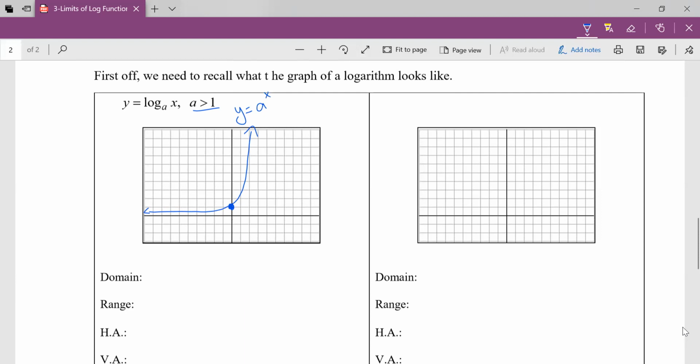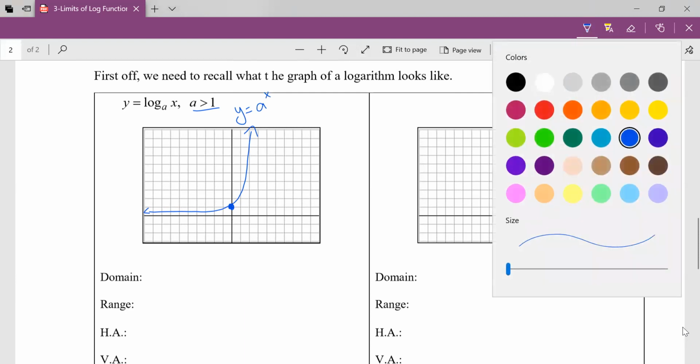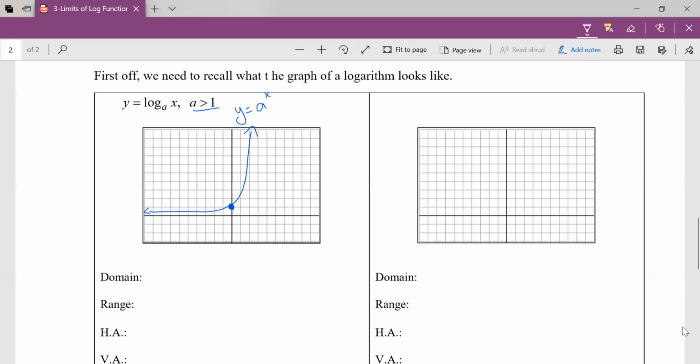The reason I'm drawing that is because if I know the graph of an exponential, I know the graph of a logarithm. Because they're inverses of each other, which means they're undoing each other, which means we're switching x and y. So the y-intercept at 1 becomes an x-intercept at 1.